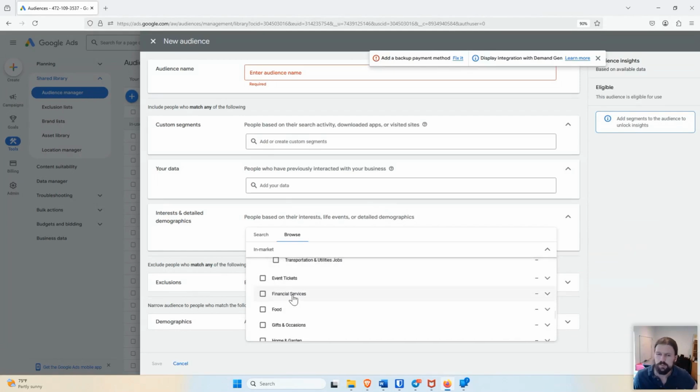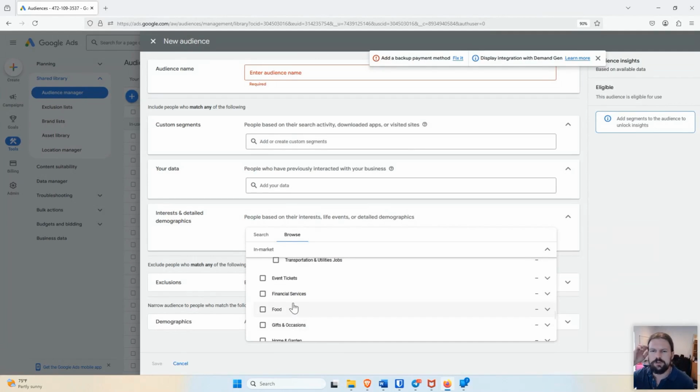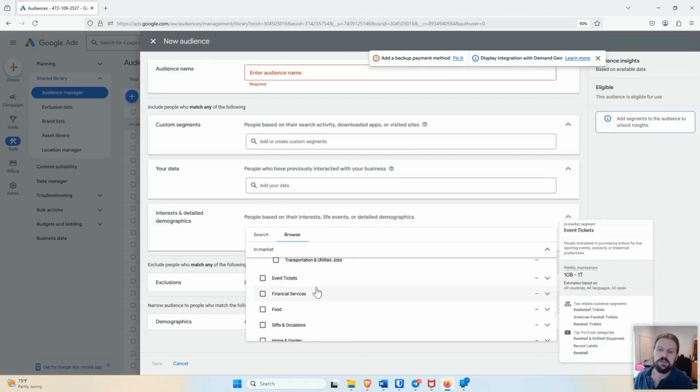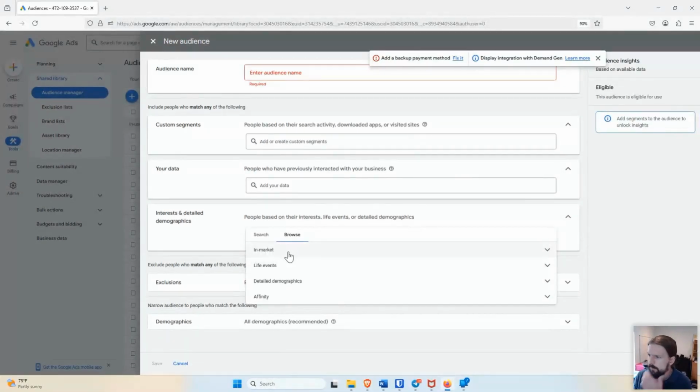So if you just go through this, you'll find there's so much gold. And chances are, whatever you're offering, there's a good chance that they already have a custom in-market audience for people that are already looking for it. So I really, really like the in-market audiences for solution-aware people.